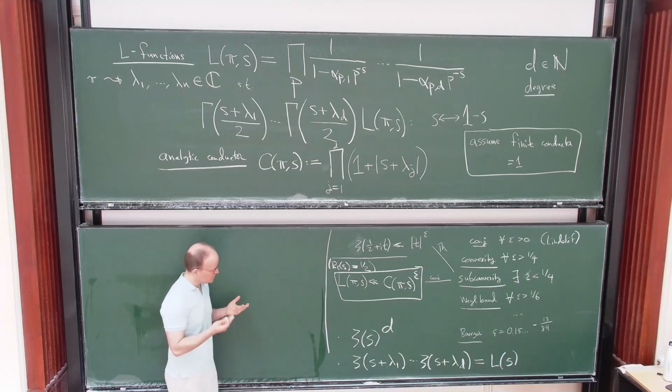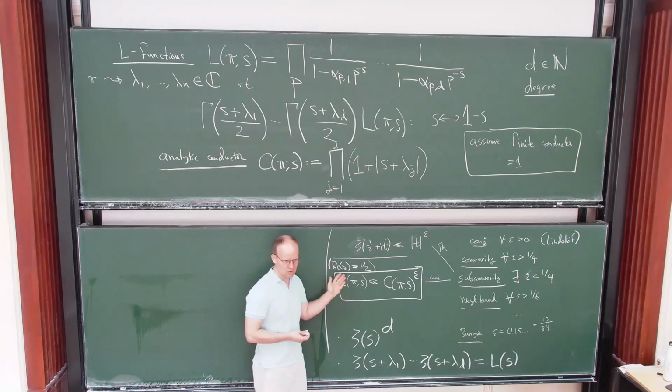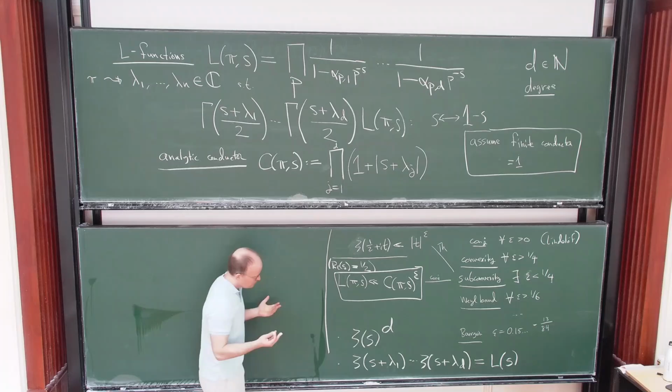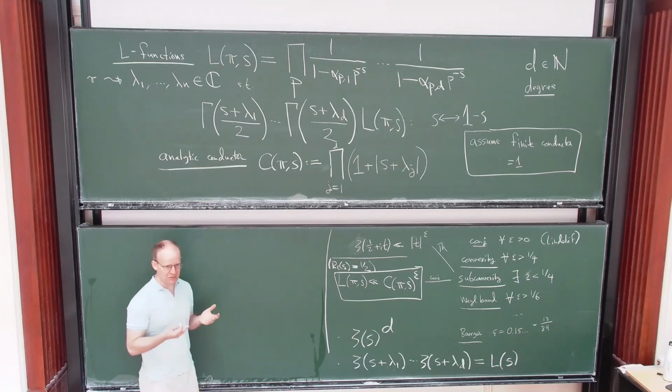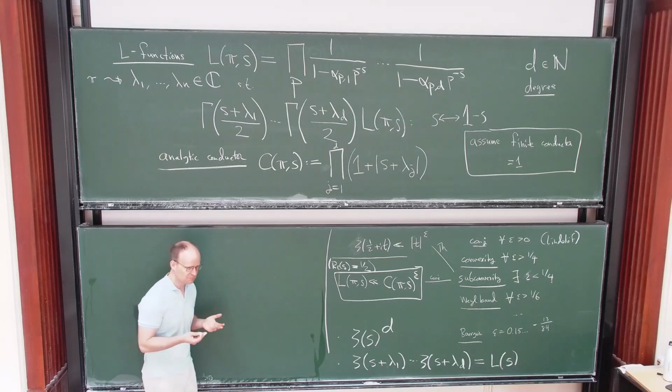So then it makes sense to say, for example, that subconvexity holds for a sequence of pairs pi and s. Okay. So now we can ask the question, for which sequences of such pairs do we know subconvexity?